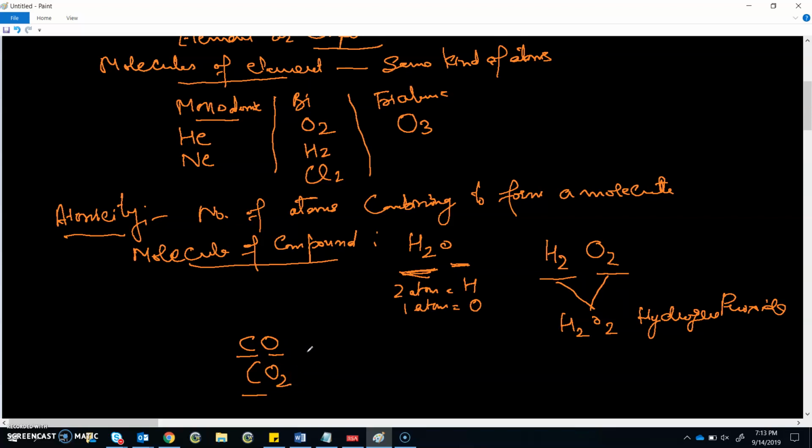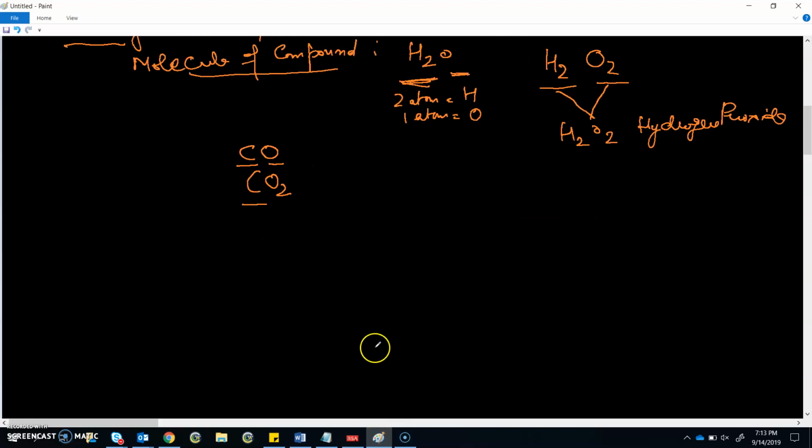Now next is, what is ion? Compounds contain charged particles called ions. What is that charged particle? There are two types of charged particles.